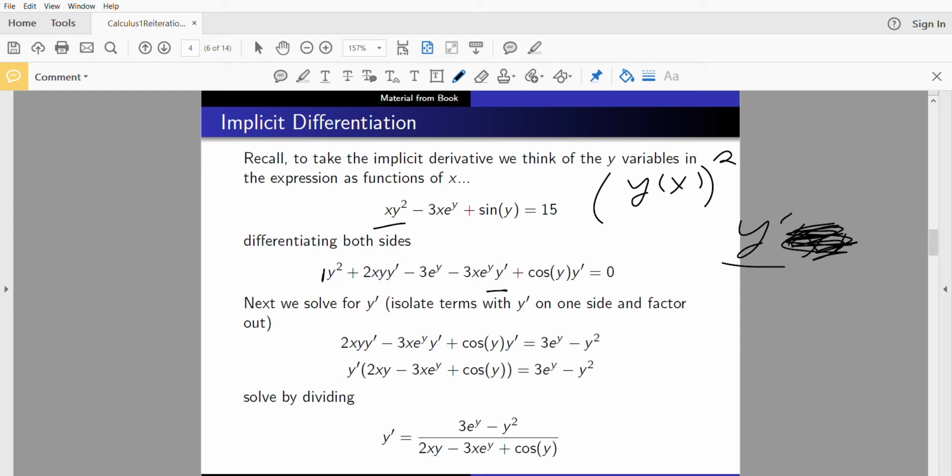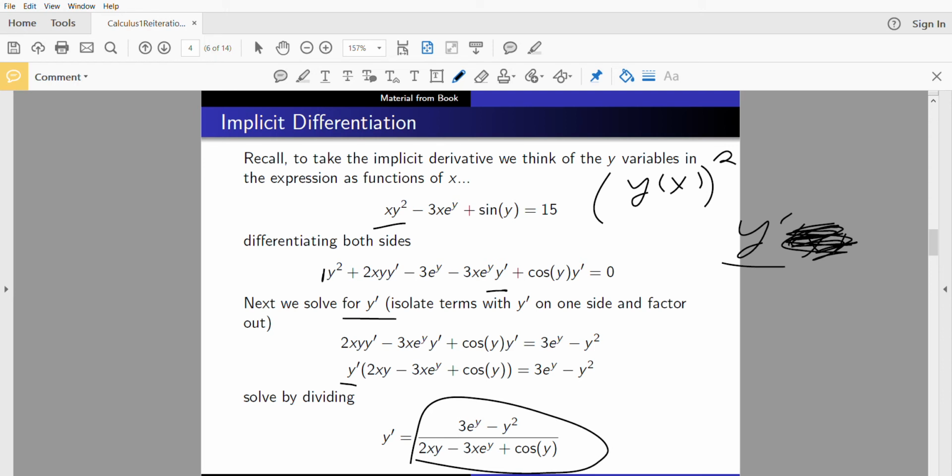Derivative of sine of y is cosine of y, with a y prime multiplied by it. Now I isolate the y prime terms, moving everything without a y prime to the other side of the equation. I factor the y prime out, and I divide to isolate and get y prime by itself. So this is really nice.